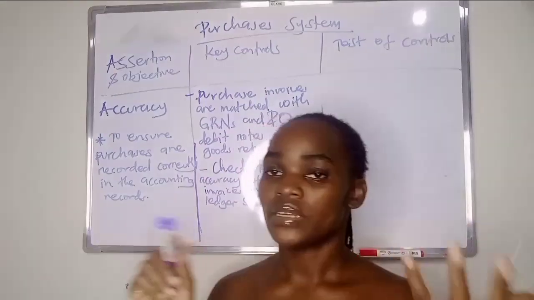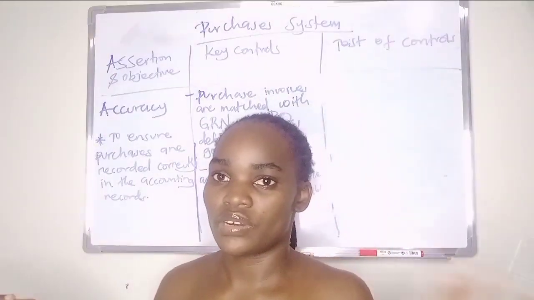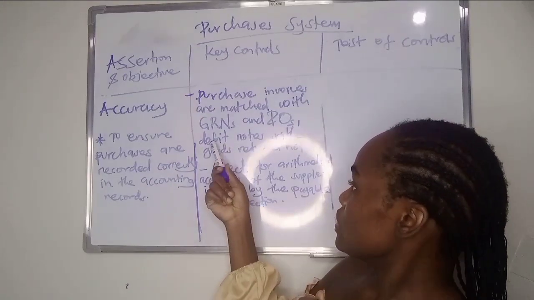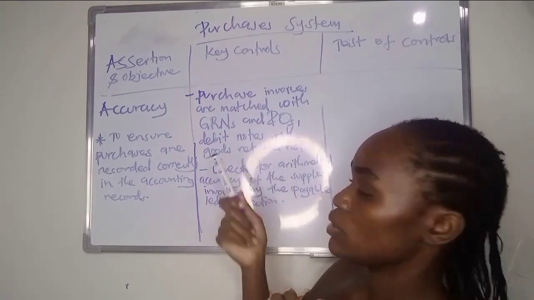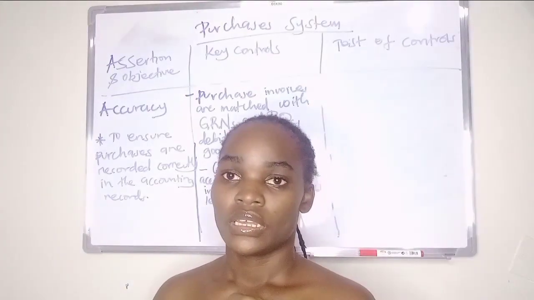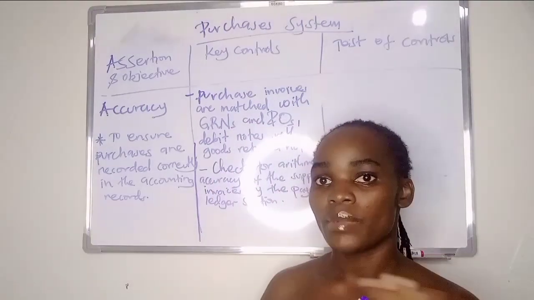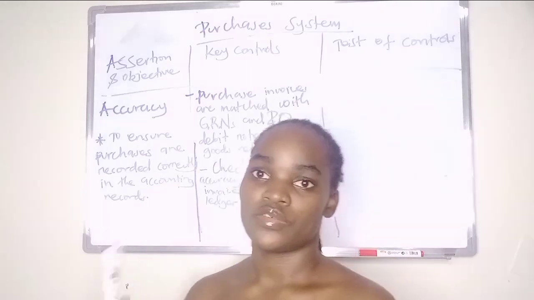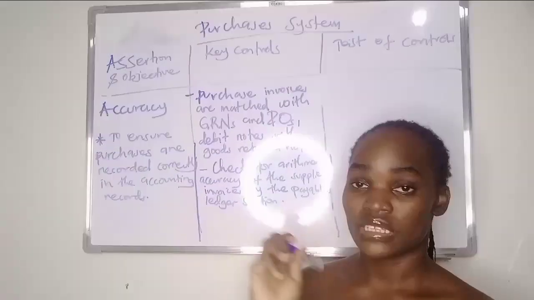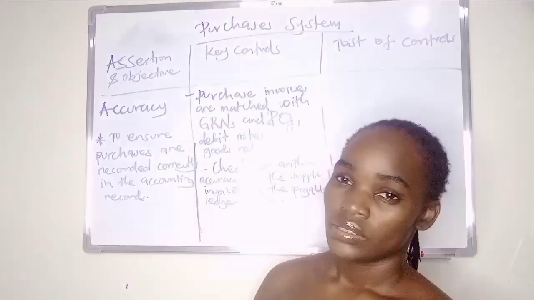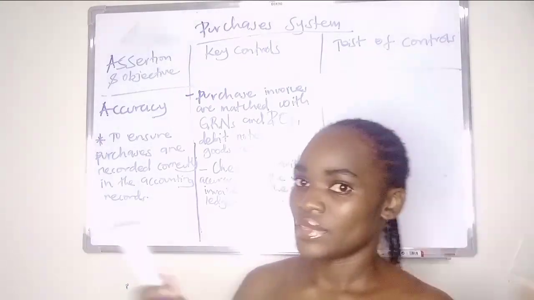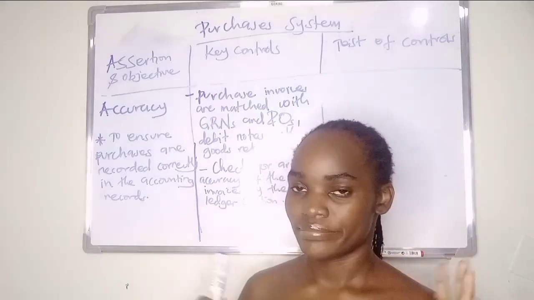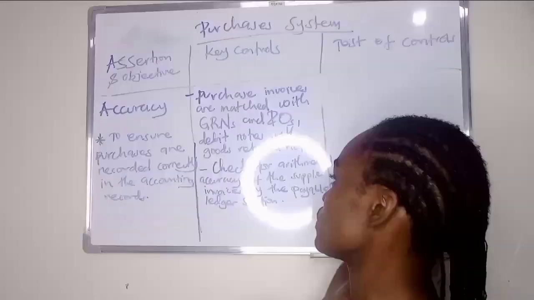If they are matching, then everything is correct. If they're not, then you investigate. Then the debit notes are also matched with the goods return notes, like the amount of goods that was returned and then the amount of money that is in the debit notes to see if they match. If they're matching, then it means that everything is accurate. If they're not, then there is a problem.